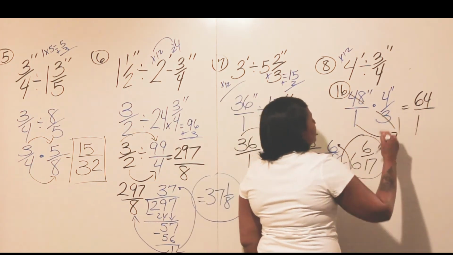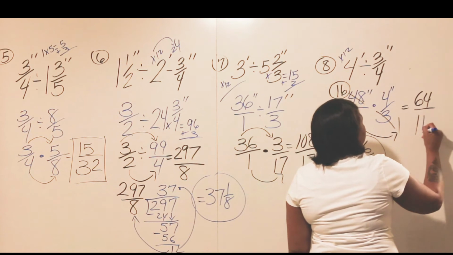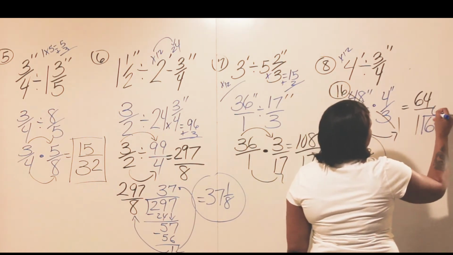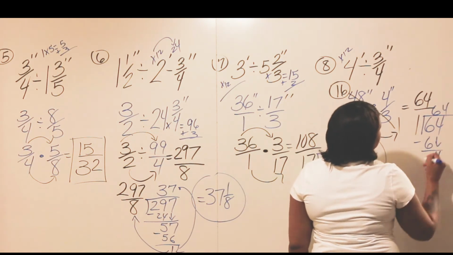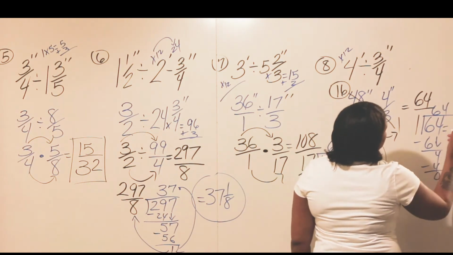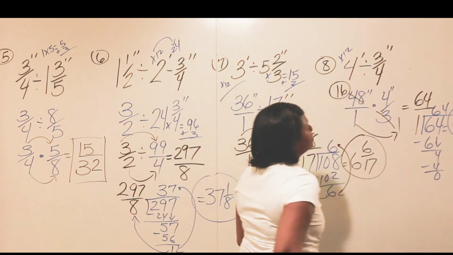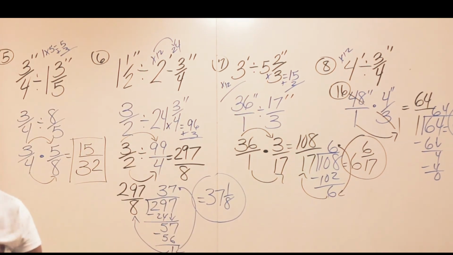So 1 goes into 64, 64 times. So we got 64. No inch marks because again, a measurement divided by a measurement is a number, and that is our final answer.